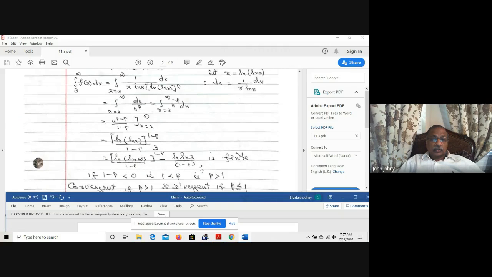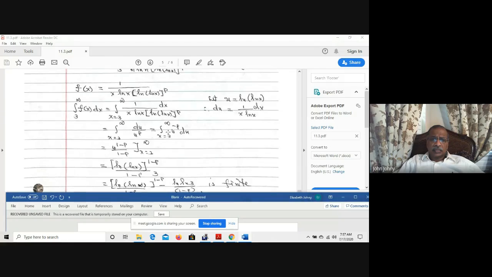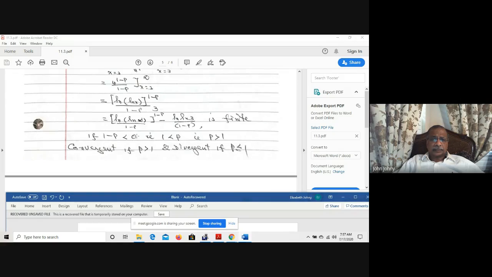And so this is finite if 1 minus p is negative, that is 1 is less than p, or p is greater than 1. This is a long way; you don't have to go by the long way. You can stop here itself, because of the p test: if p is less than 1, this is divergent, and if p is greater than 1, it is convergent.